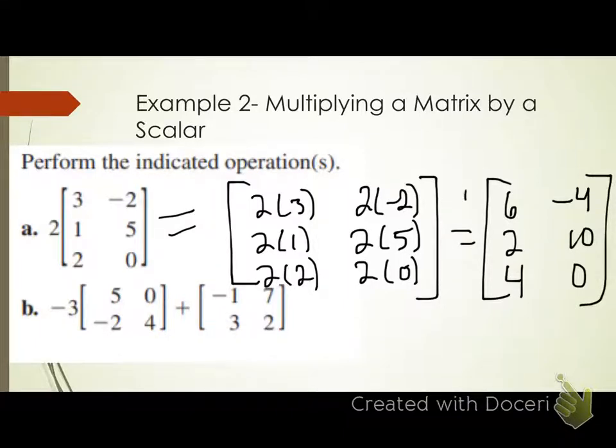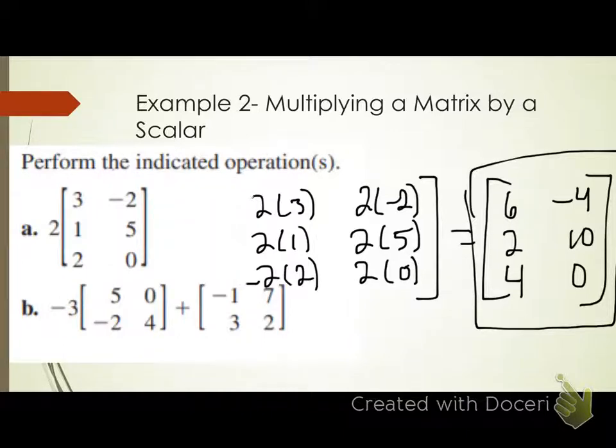So that would be my answer on letter A. Multiplied every element by my scalar, and I got my new matrix. Once again, pretty simple. I feel like it's a pretty easy concept to understand. So let me erase this, give myself a little more room.